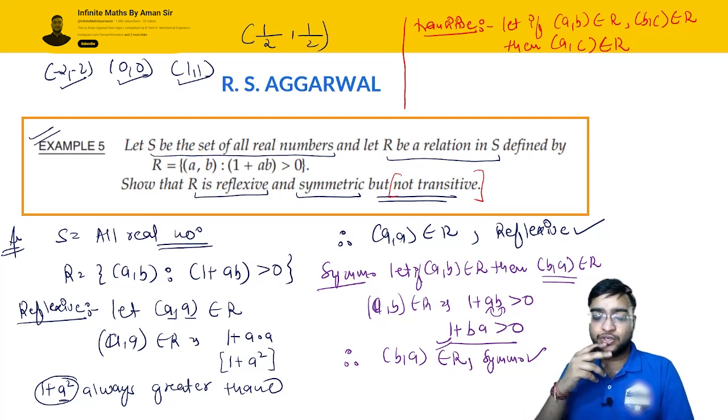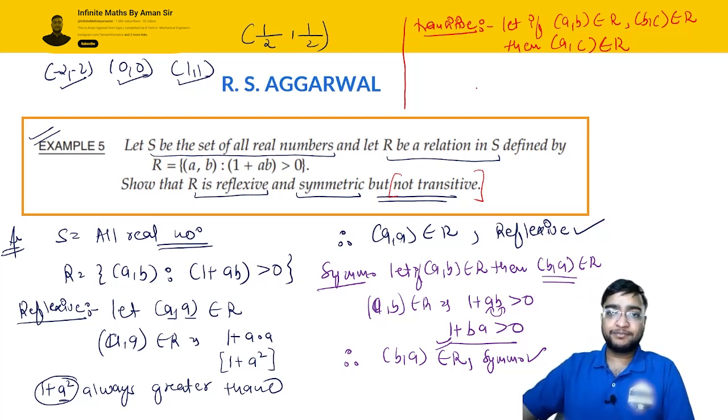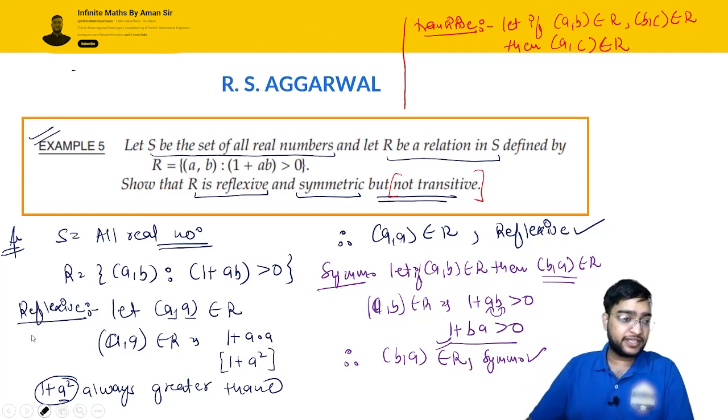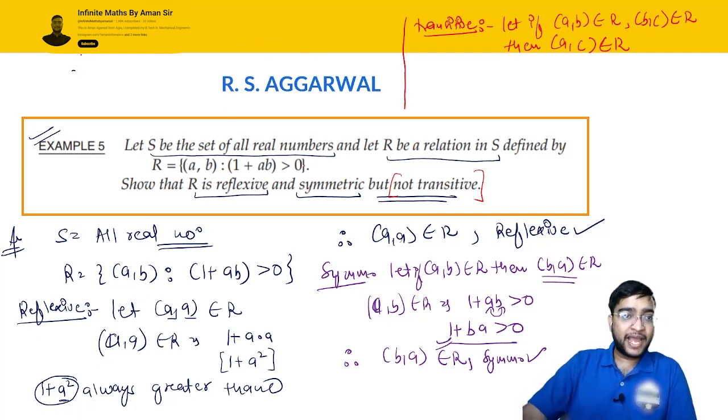So if I take something like my previous examples, I'm just trying to find the false condition, because this example can show that it is not transitive. Let's say -2 comma 0, and I am just taking 0 comma 3 here.